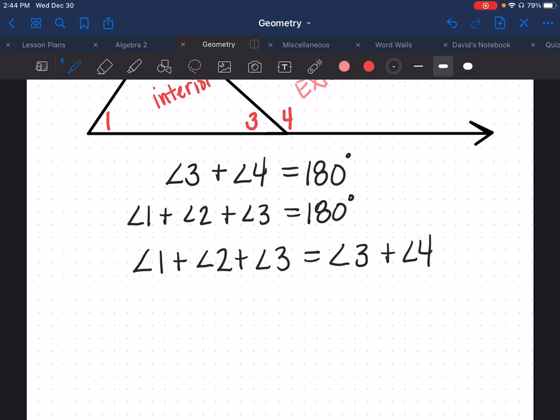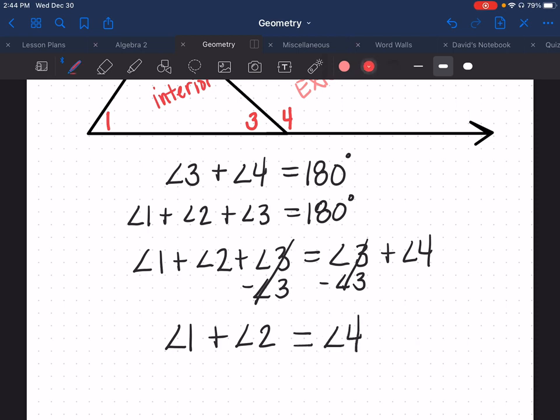Now, if I take a look at my two equations, there's something that matches. There it is. Notice that on both sides, I have an angle 3. I can go ahead and move one of them to the other side by subtracting. But if I do that, they cancel out on both sides, leaving me with angle 1 plus angle 2 is equal to angle 4.